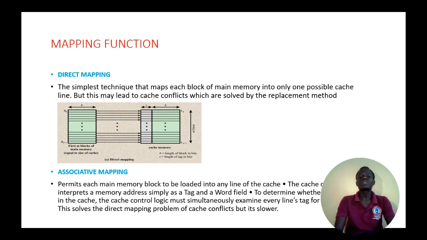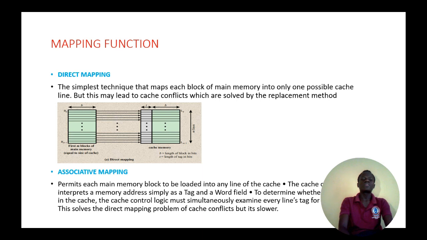If the two are assigned to the same location, then we shall have cache conflicts. That's the problem with direct mapping. But its advantage is that it is faster, because when you read data from the cache that was directly mapped, it is easy: you come with a specific location, pick the data and deliver it to the CPU for processing.